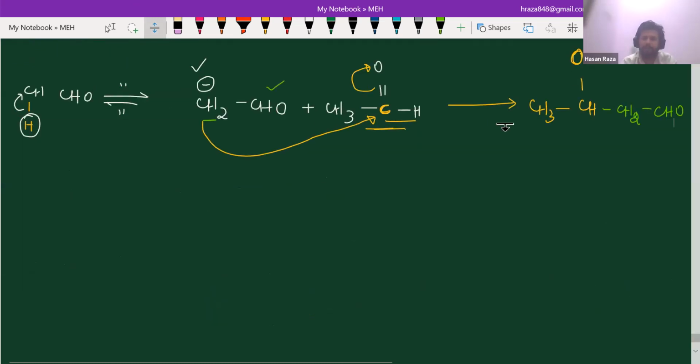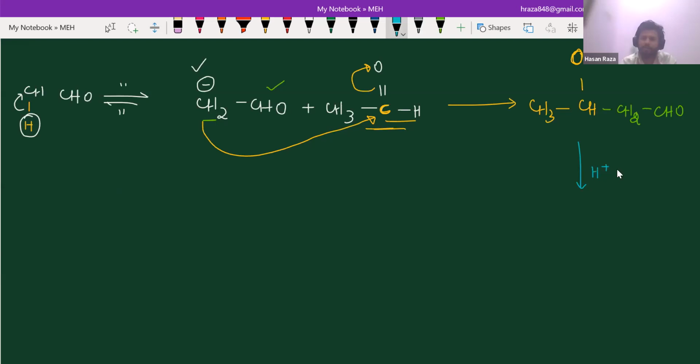And then again there will be hydrolysis, like H plus and OH minus. So this H plus will be attacking on the negative part, and you will get CH3, then CH, then OH, and then CH2CHO. This is your aldol reaction.